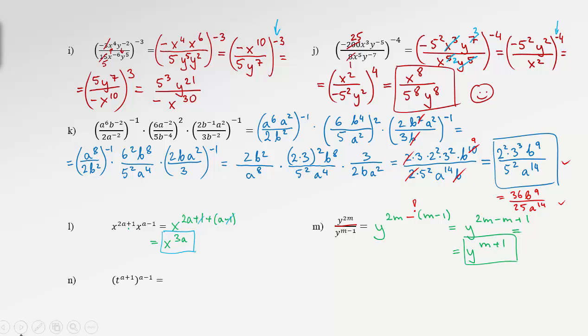And lastly, we may need to apply the rule of power to the power. When we take a power to the power, remember, we multiply exponents. So keep the base t, and on the exponent level, we are obligated to multiply a plus 1 times a minus 1. But I hope you noticed that a plus 1 times a minus 1 falls into a certain special formula.